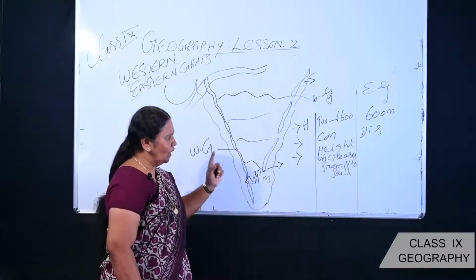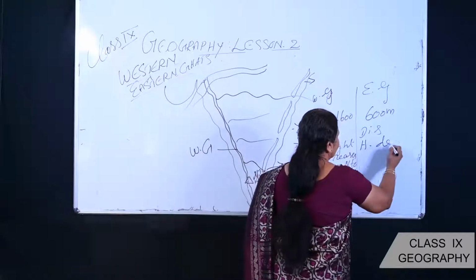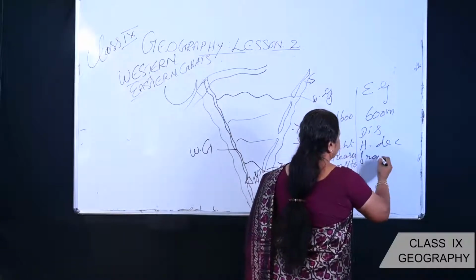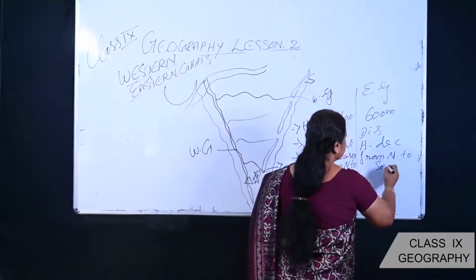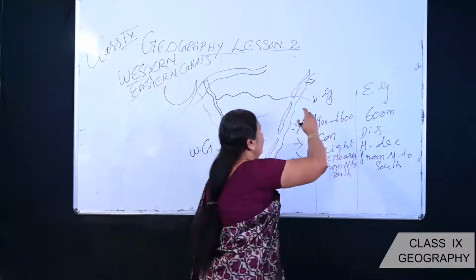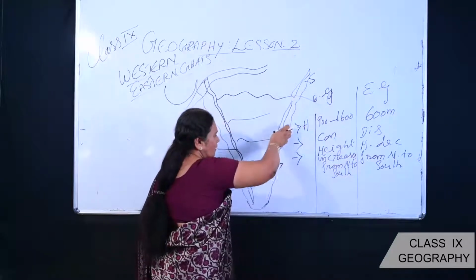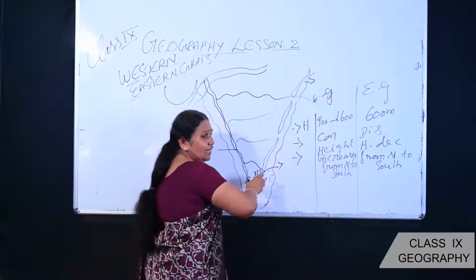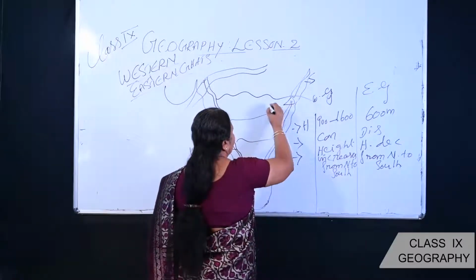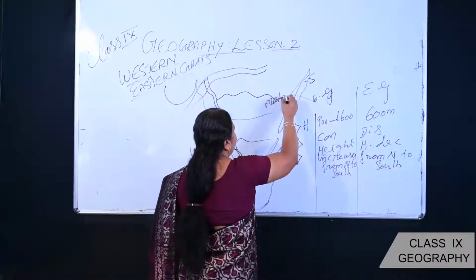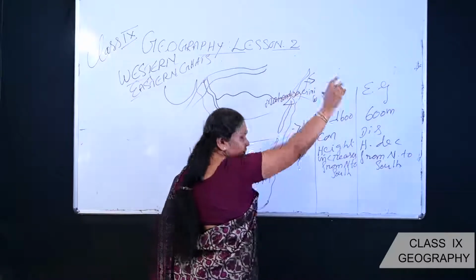Are you getting it? But regarding the Eastern Ghats, the height decreases from north to south. The height of the Eastern Ghats is greater in the north, but in the south it is lesser. That is why the highest peak, Mahendragiri, lies in the north.